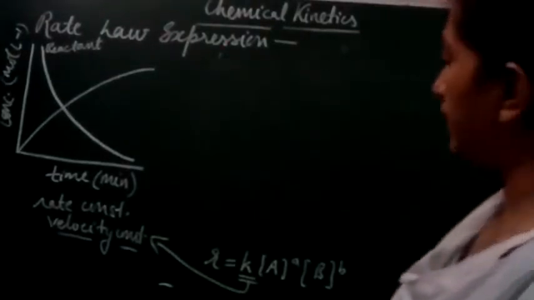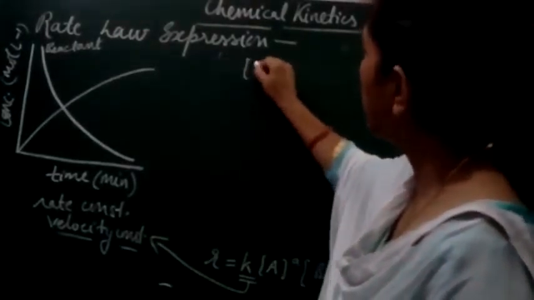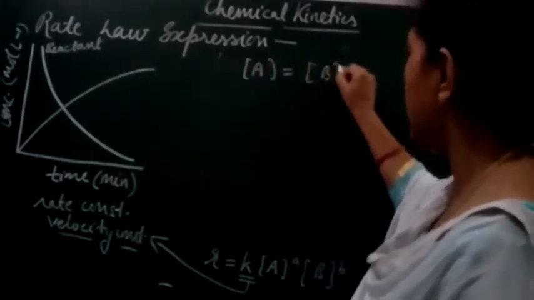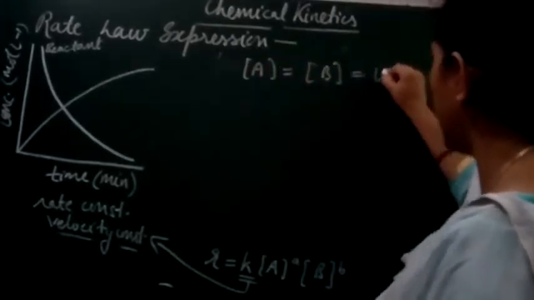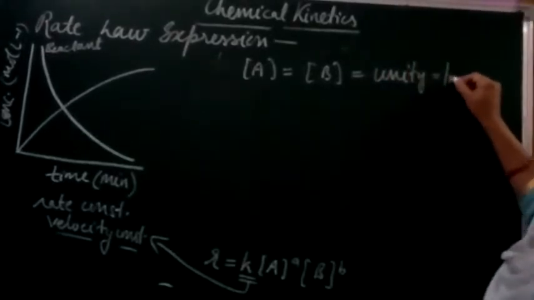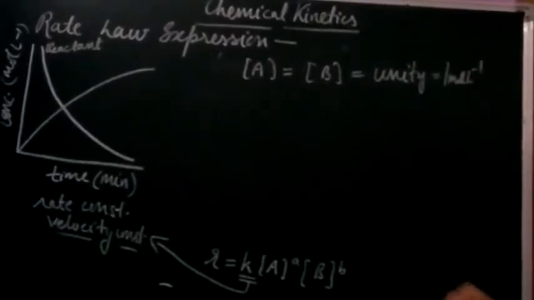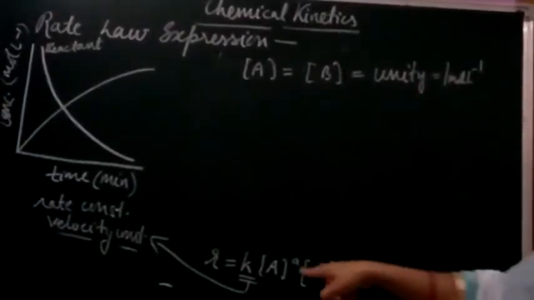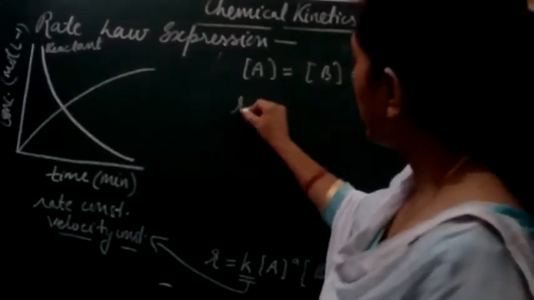Now if you have to define k, suppose the molar concentration of A and B is equal to unity, that is, it is 1 mole per liter. So in that case, 1 mole per liter. If we just put the value here, what will we get?